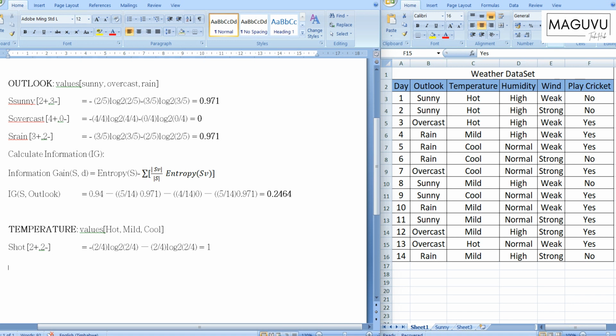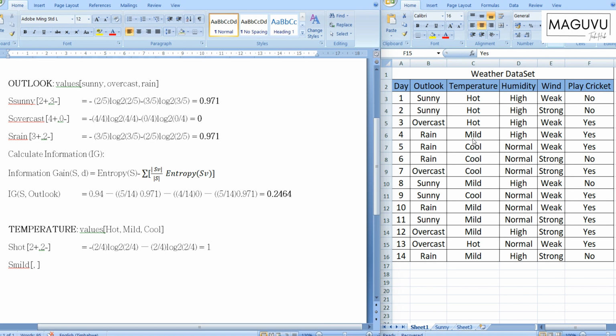Let's continue with the next value, which is mild. And let's look at the proportion of mild. How many times does mild appear in our data set? You see that it appears 6 times. And out of the 6 times, how many times do we play cricket?